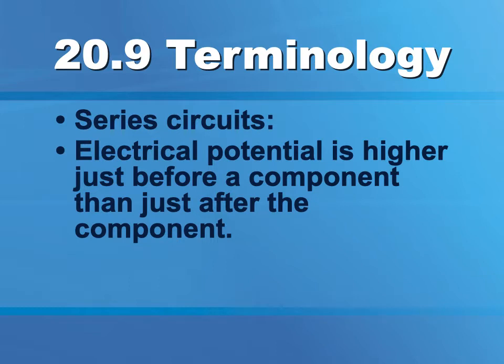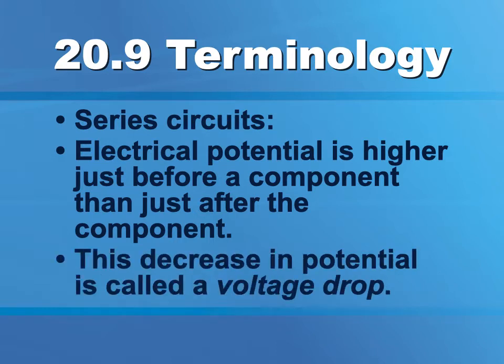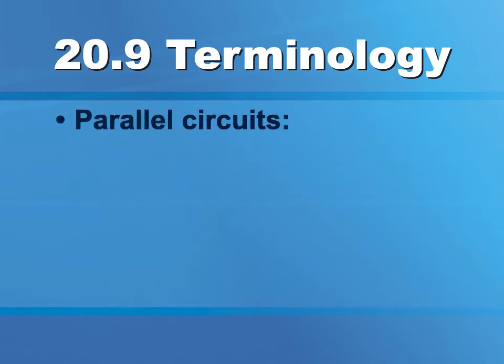Because it takes energy, that loss of energy, the fact that it decreases in energy, is measured in electrical potential. And so this decrease in potential is called a voltage drop. So the voltage is going to be higher before a component than after the component, and that's a voltage drop because it's going down.